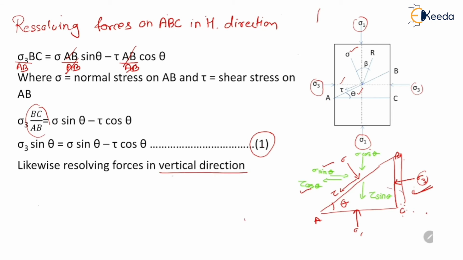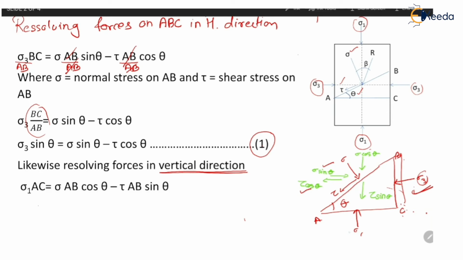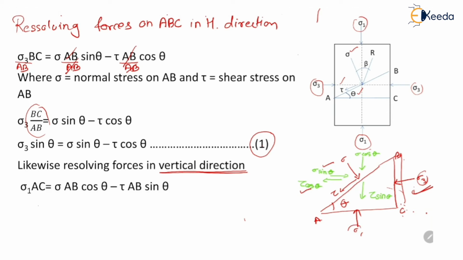Similarly, if we resolve the forces acting on the wedge in vertical direction, we will get sigma 1 into AC equal to sigma AB cos theta plus tau AB sin theta.